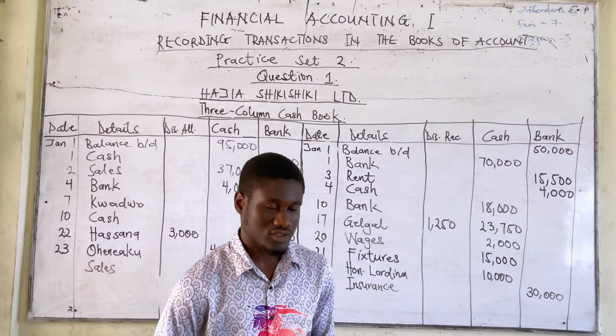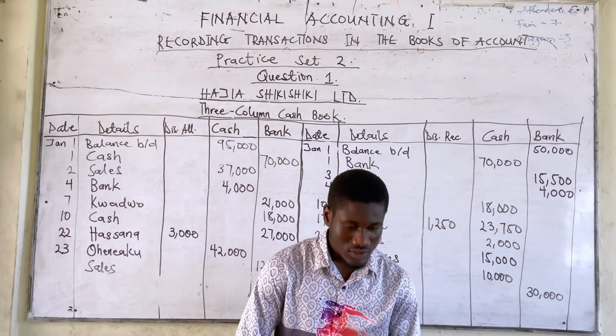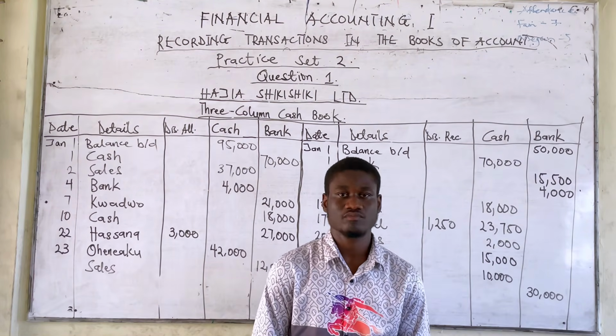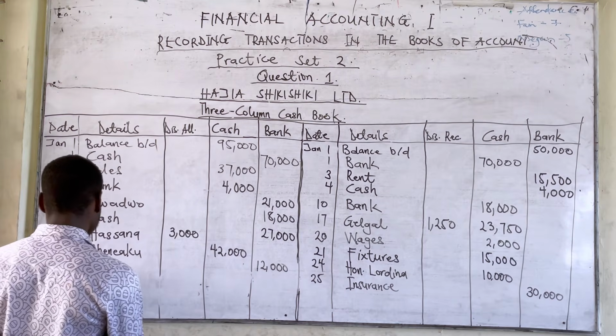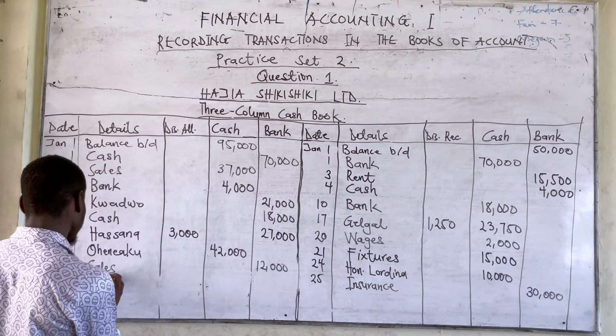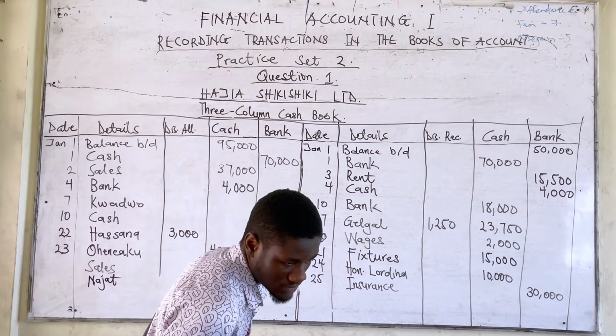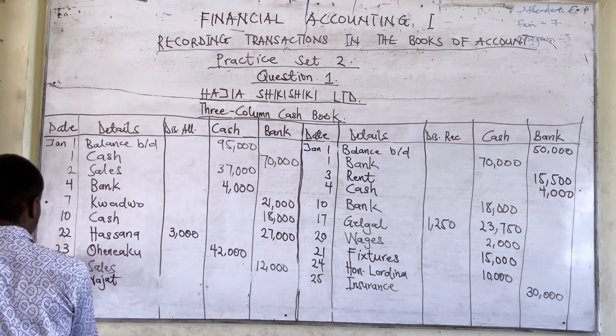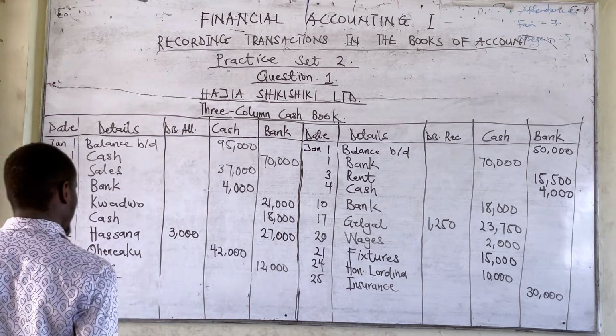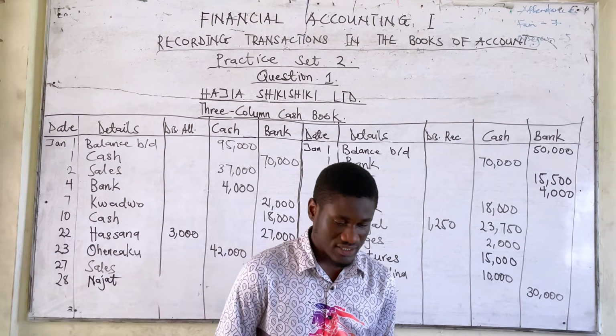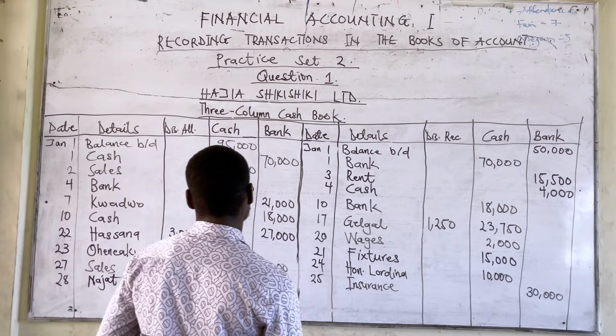Our check amount was going to increase by 11,000. So we record here in the name of Najat. 27th, 28th. Okay. In the name of Najat, and it's increased by 11,000.